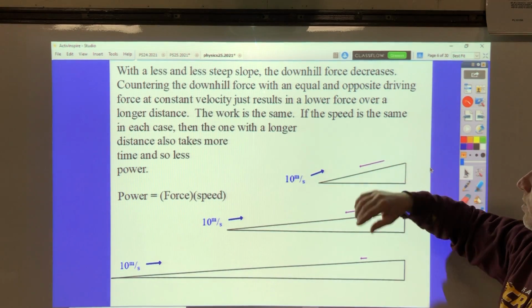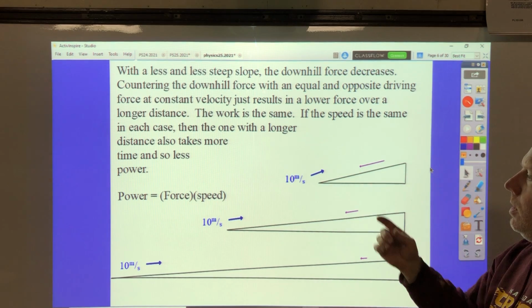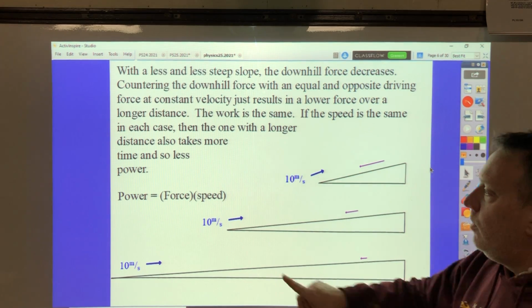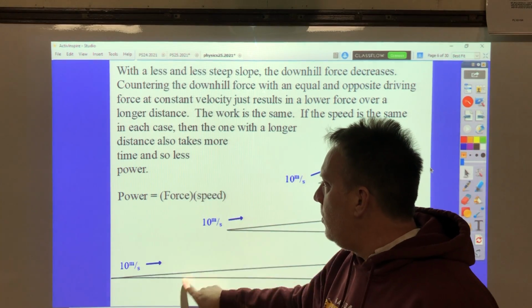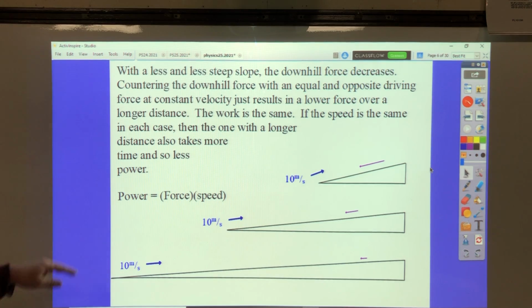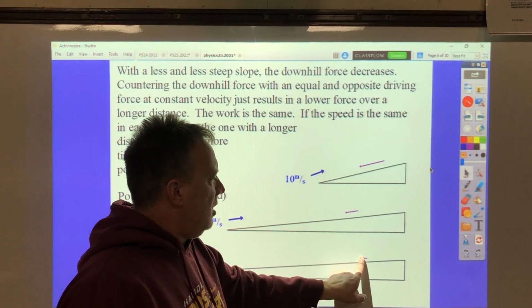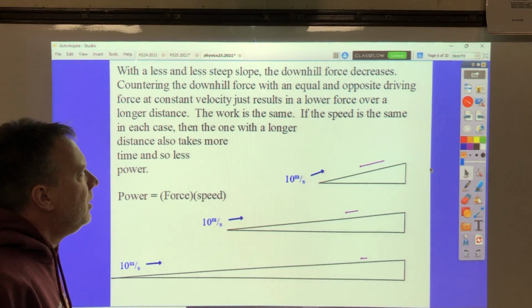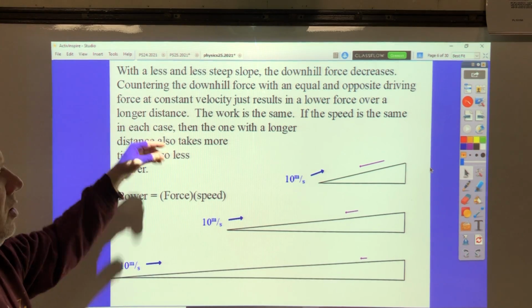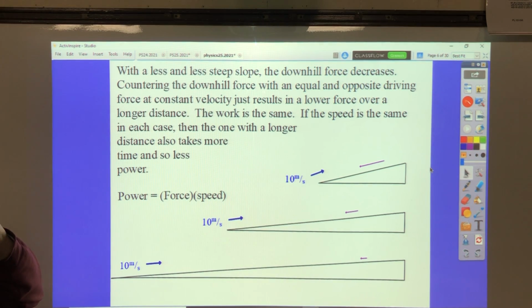So if you have the same weight of vehicle on it, it's going to have a greater downhill force that you have to overcome. So the forces are different. The forces increase as you go down, speed stays the same. So with a less and less steep slope, the downhill force decreases. Three different hills.